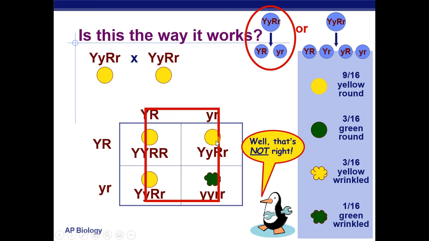In this case, there is 75% yellow round peas and 25% green wrinkled peas. That doesn't look anything like the results that he got in his F2 generation. So this must not be how more than one trait separate into alleles.